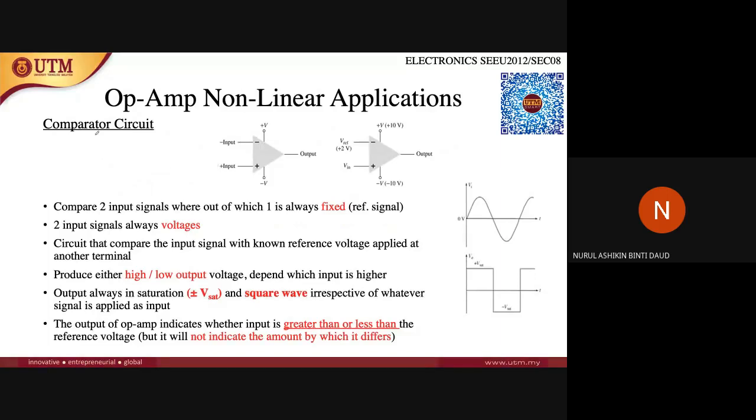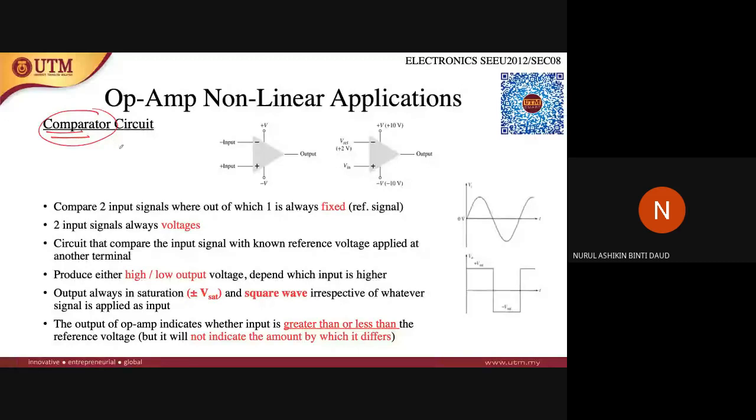So the comparator circuit, as the name says, compares. It is comparing two input signals, where one of them is always a fixed signal. This fixed signal we usually call the reference signal. We know that an op amp has two inputs and one output.